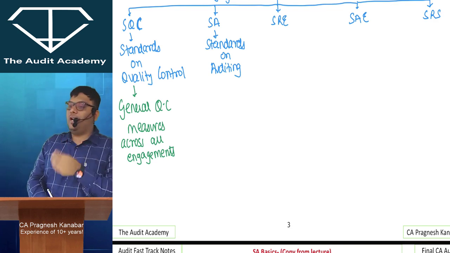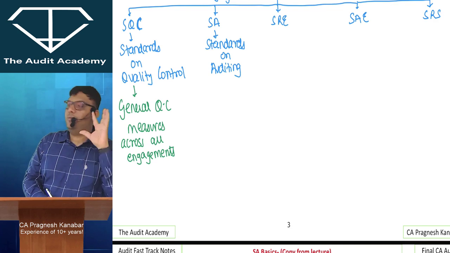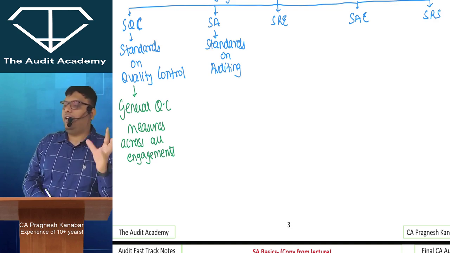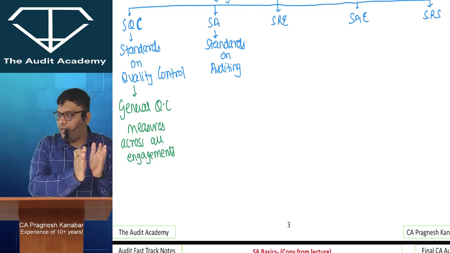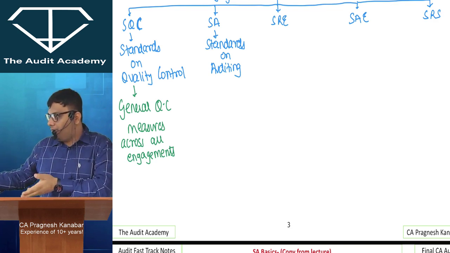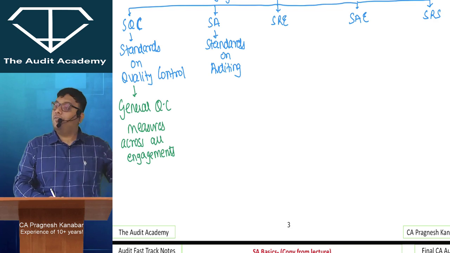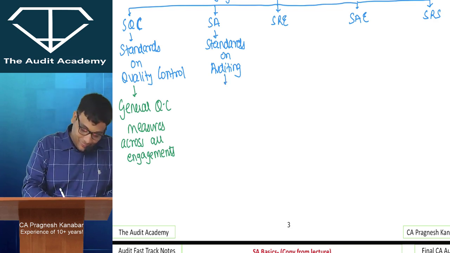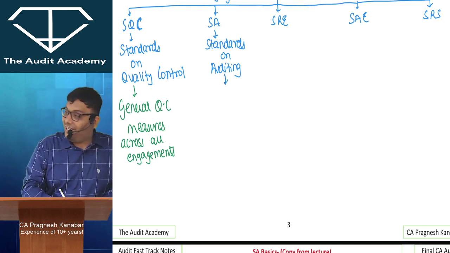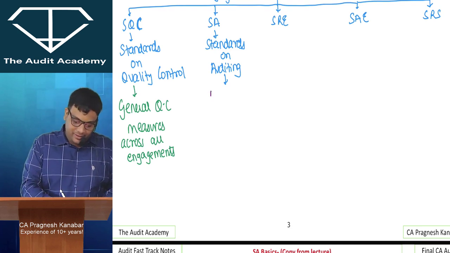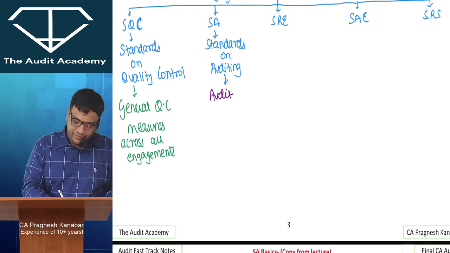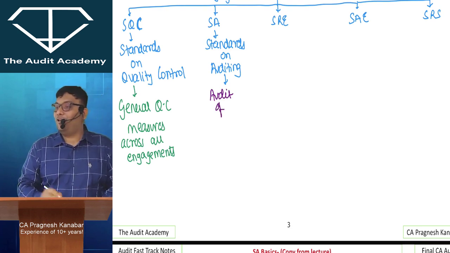When it comes to standards on auditing, does it deal with all types of audit or only audit of financial statements? Don't worry if you go wrong, it's okay. You have to be shameless in front of me. It deals with audit of financial statements.